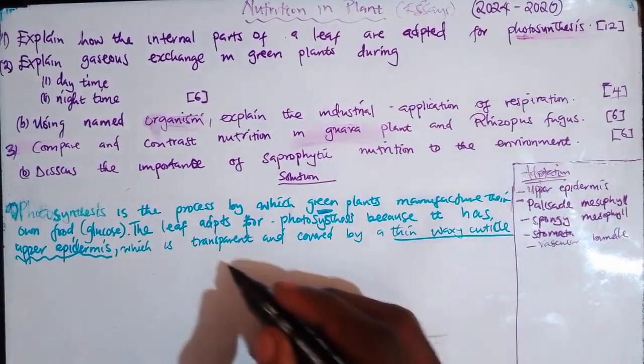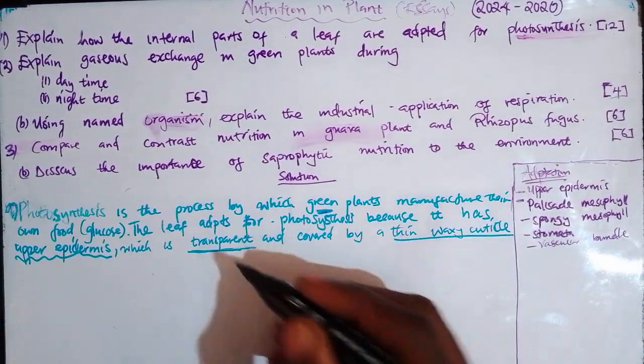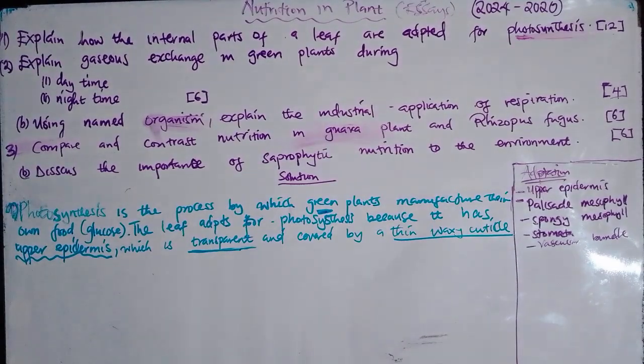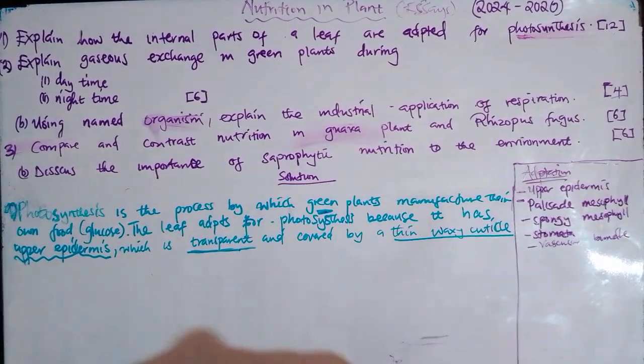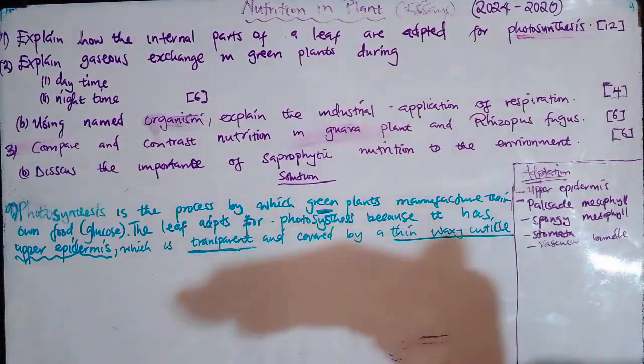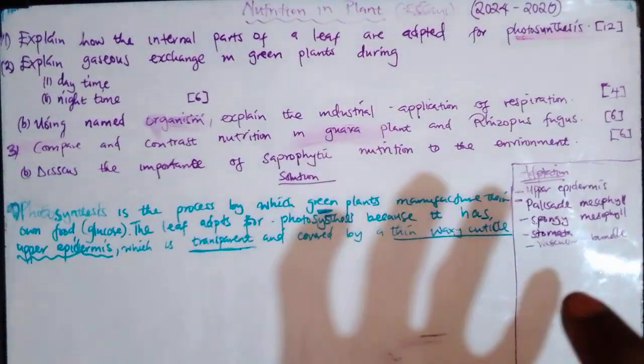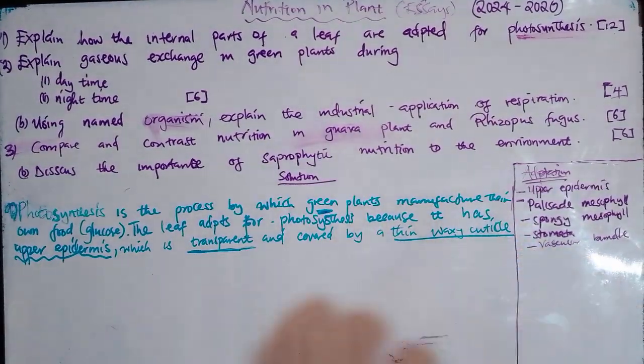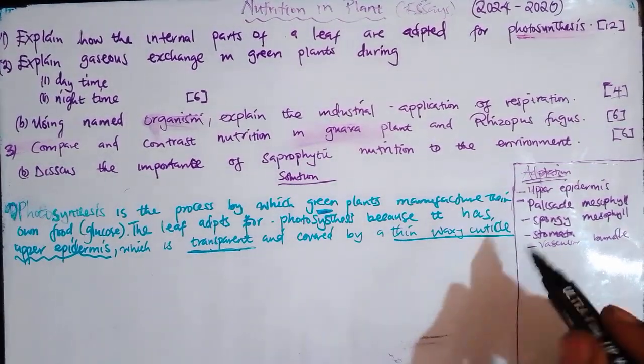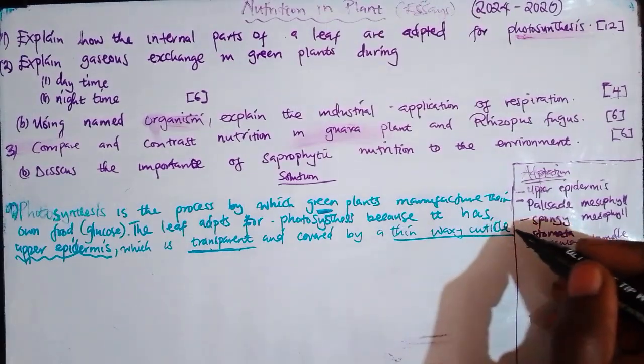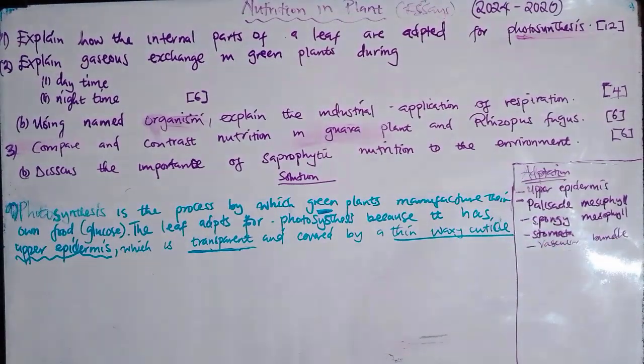The words I'm underlining, don't forget to include them. So you say the upper epidermis is transparent and it is covered by a thin cuticle. This transparent and thin cuticle are what are known as the adaptation, because these are the differences to other parts.